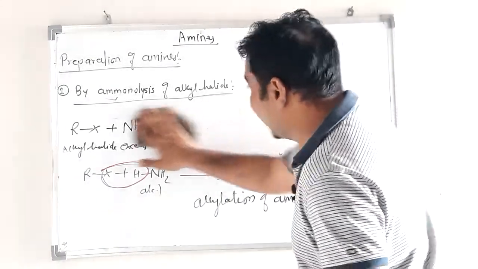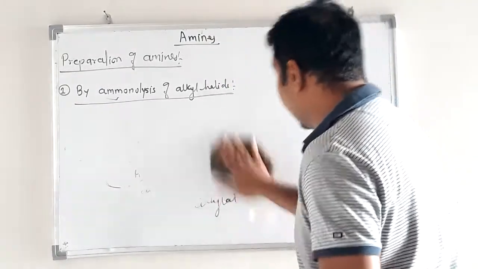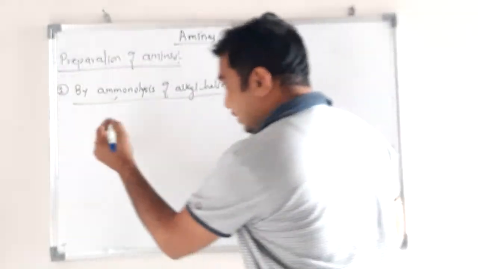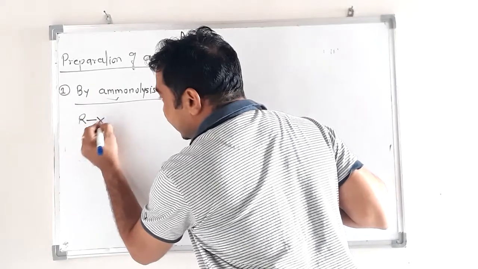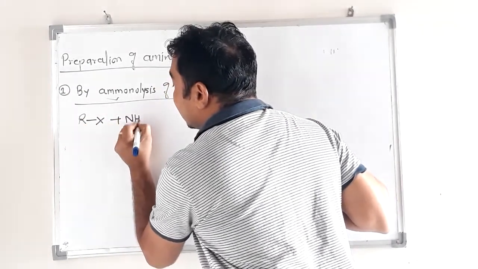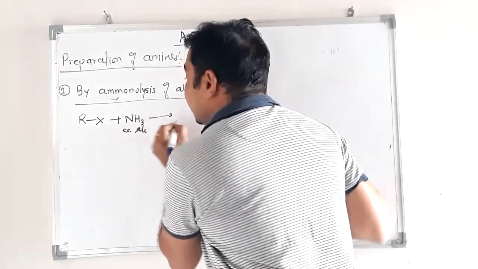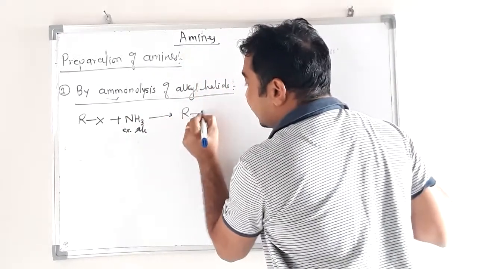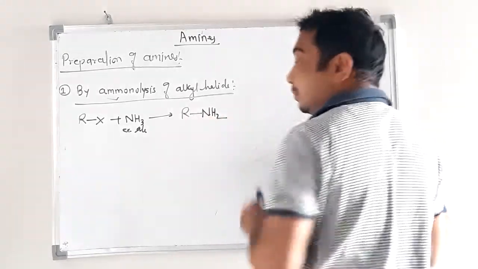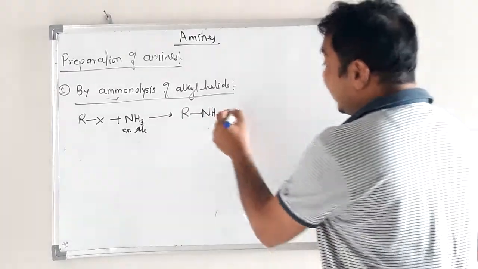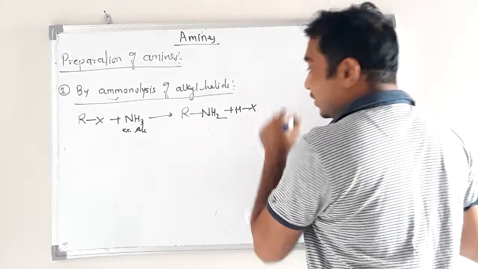So this is just the general reaction. And one problem in this reaction is that here we are reacting alkyl halide with ammonia, taken as excess alcoholic solution. First, it will form R-NH2, that is primary amine, along with HX. But what happened?